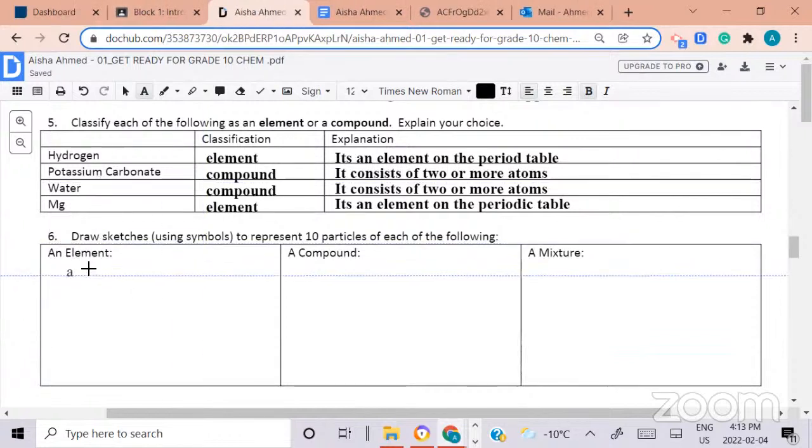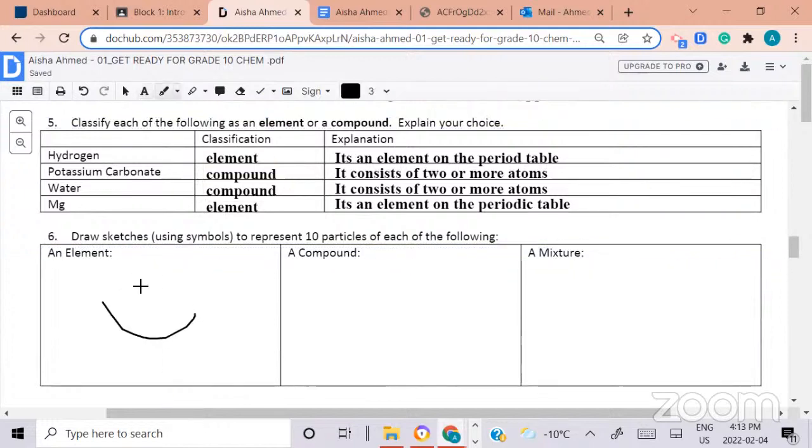So let's say an element, a single thing you would just represent. No, don't put a happy face. Just put like a bunch, right? Draw 10 circles, because an element would be one type of atom. Wait 1 second. Actually, check the answer before you draw them, because I feel like it'll take longer.